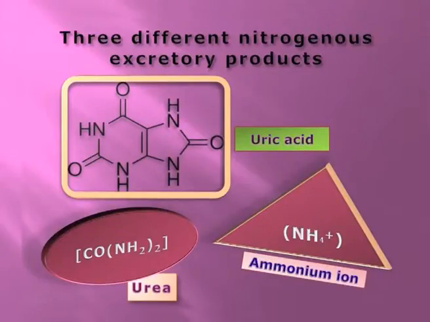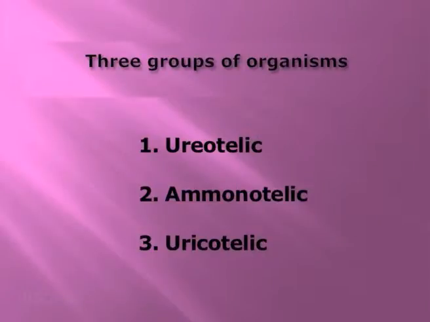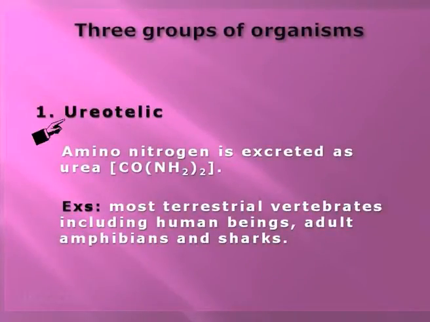In this particular slide, we can see that there are three major nitrogenous excretory products, which are ammonium ion, uric acid, and urea. Based on this, living organisms can be classified into three major groups, which are ureotelic, ammonotelic, and uricotelic organisms. Now I will discuss what are ureotelic organisms.